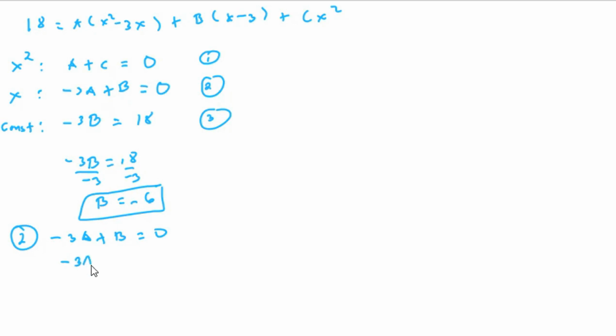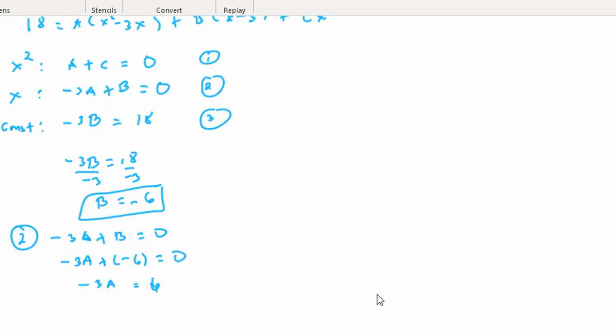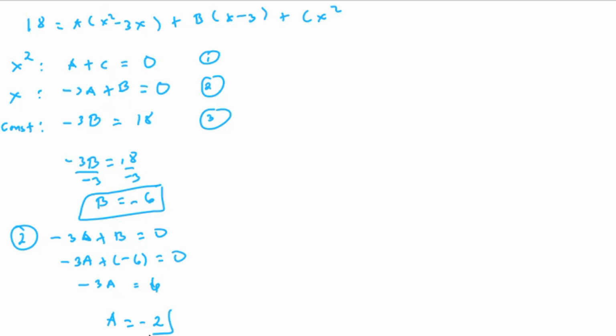We have negative 3a plus negative 6 is equal to 0. So transpose: negative 3a is equal to positive 6. Dividing both sides by negative 3, therefore a is equal to negative 2.